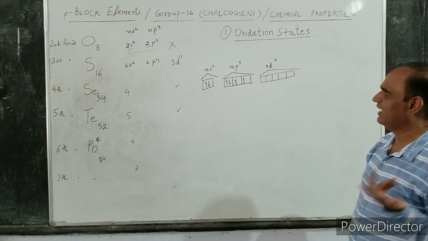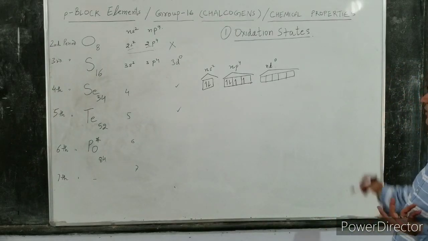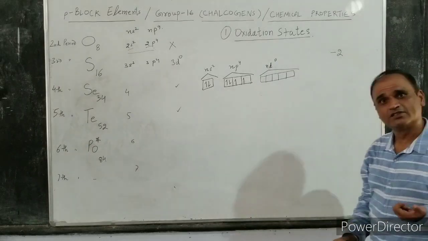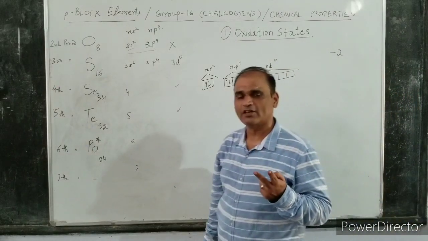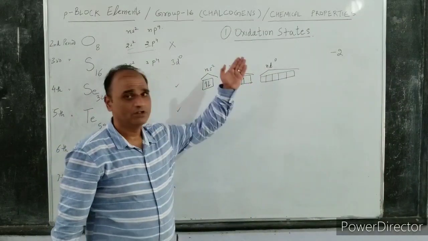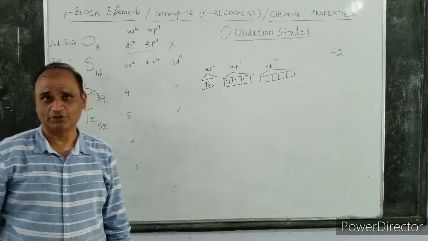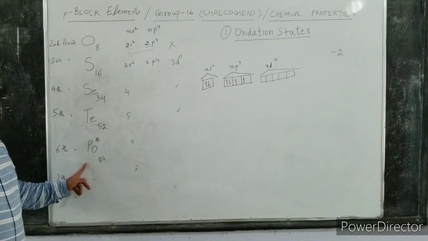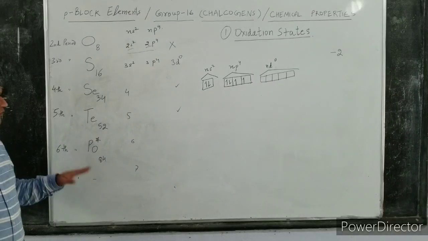So all these elements have a tendency to show -2 oxidation state. These gain 2 electrons, get stable, get fully filled configuration. So all these elements have -2 except polonium. Polonium does not show -2. Why?